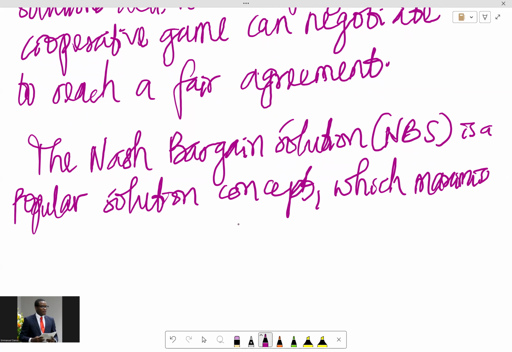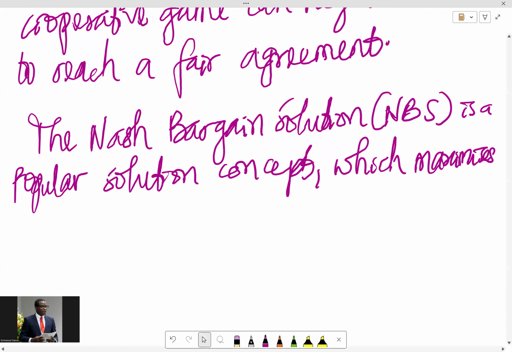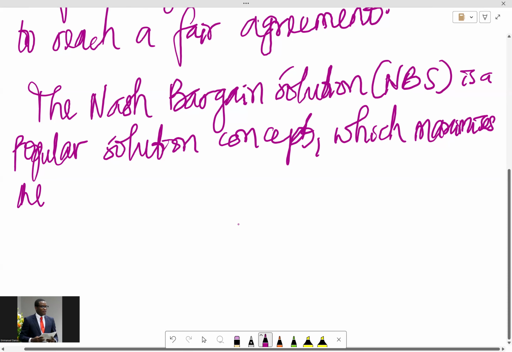In a game, everybody is looking for their optimum benefits. People cooperate because that's the best way they can get the best solution.